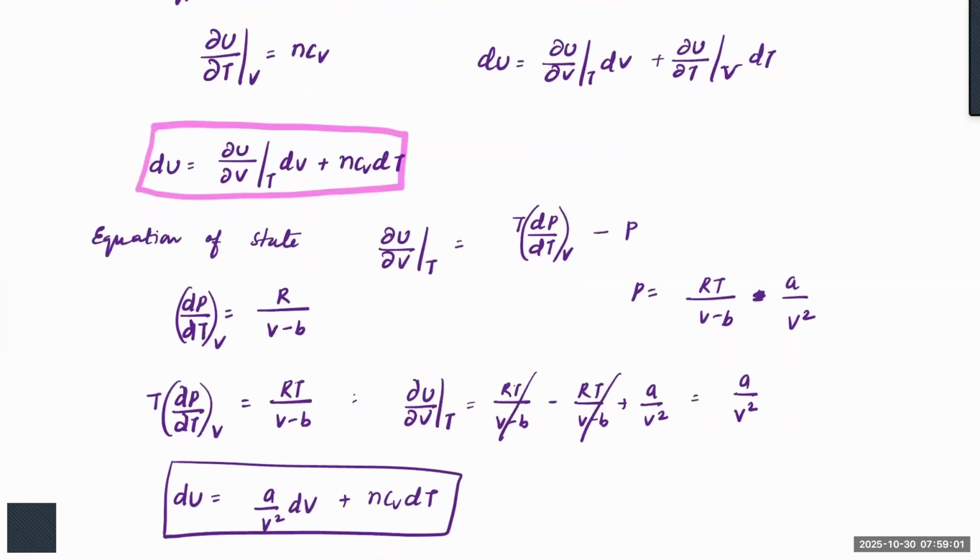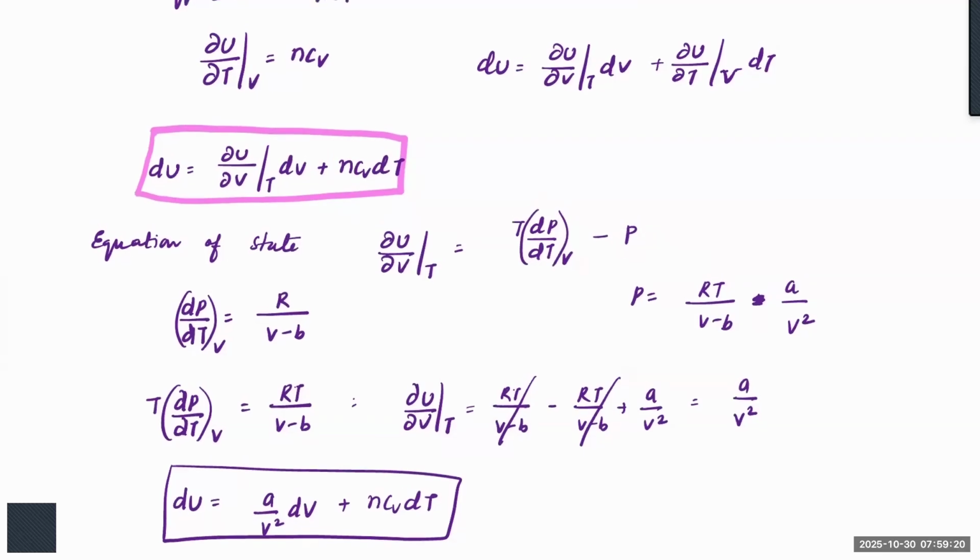Now, here is the interesting part. There is something called the equation of state, which you have to directly remember: any change in the internal energy with respect to volume can be written in terms of temperature multiplied by dP by dT, minus P. Now, P is this value, correct?